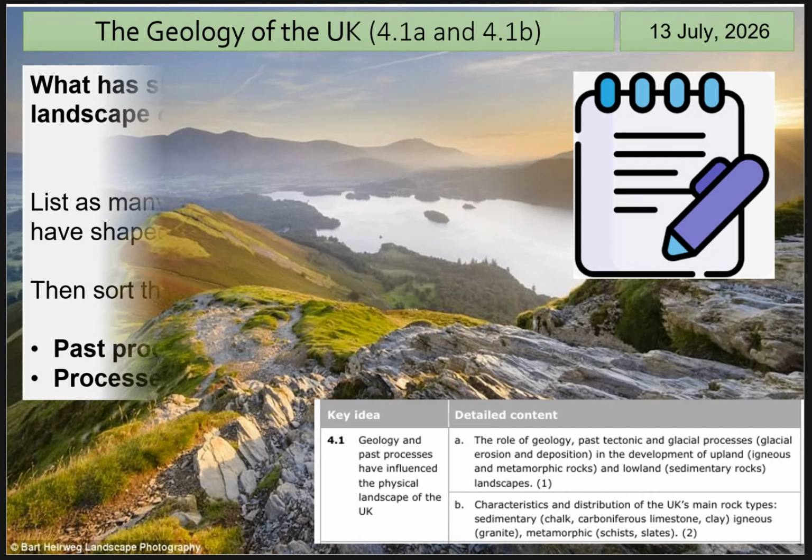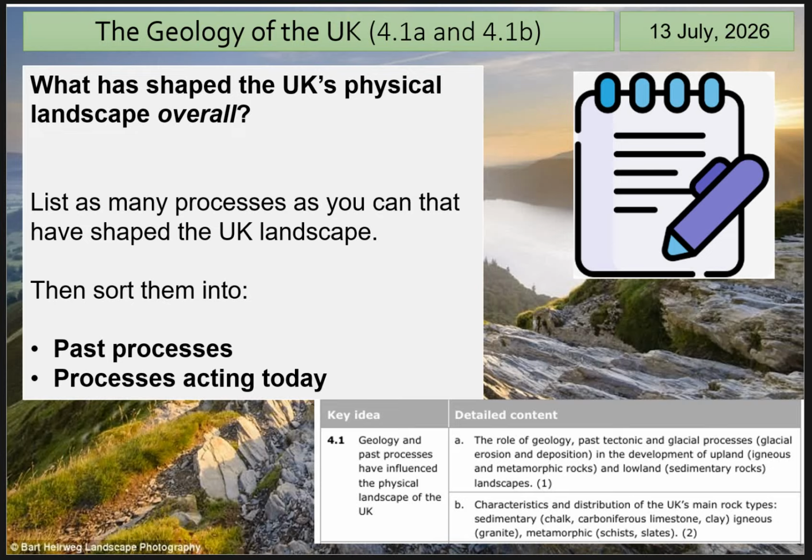So let's begin with a short retrieval task. I'd like you to think about everything you studied so far. Think about the processes that have shaped the UK's landscape and write down as many as you can remember.